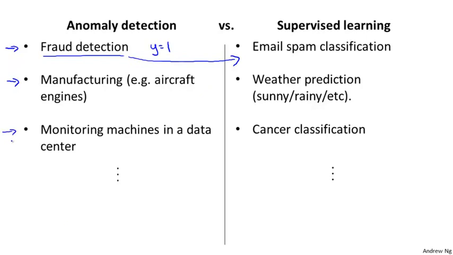Monitoring machines at the data center, again, similar sorts of arguments apply. Whereas email spam classification, weather prediction, and classifying cancers, if you have equal numbers of positive and negative examples, or if you have many examples of your positive and your negative examples, then we would tend to treat all of these as supervised learning problems.